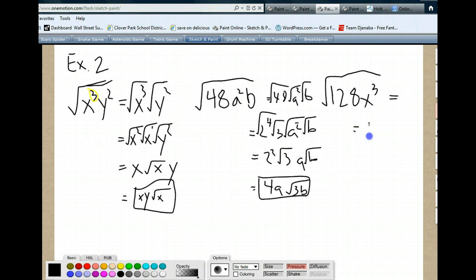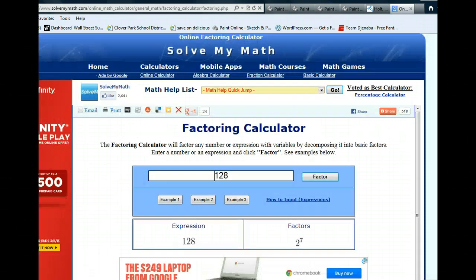So square root 128, square root x cubed. Okay, do I like that x cubed? That is correct. The answer is no, I do not like that.